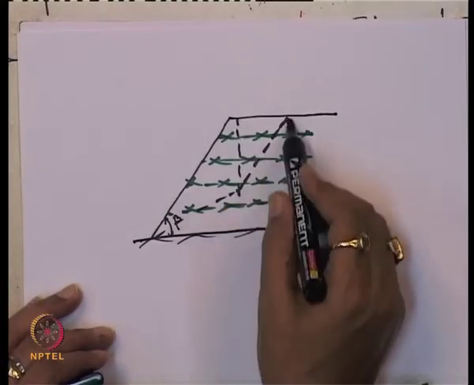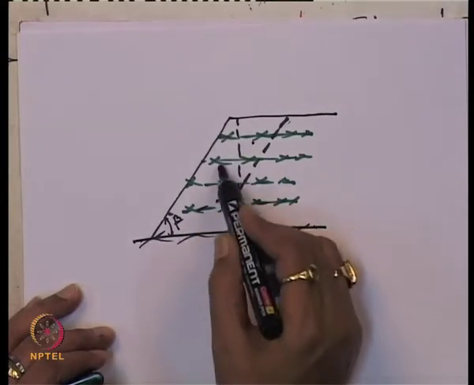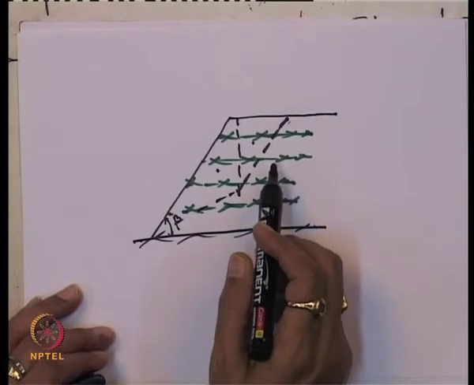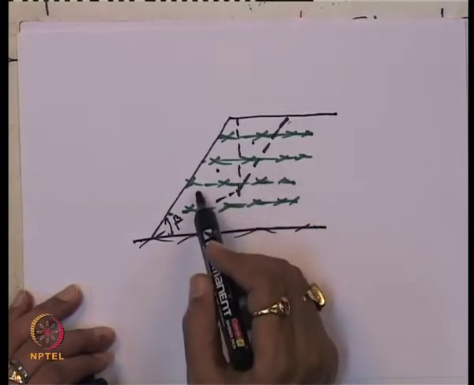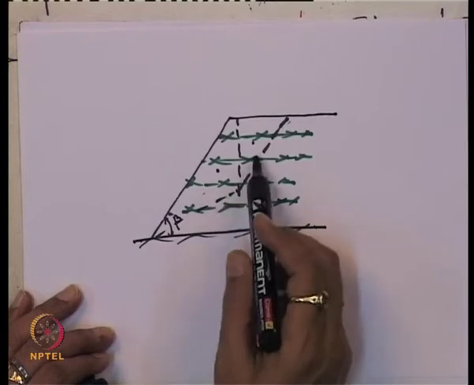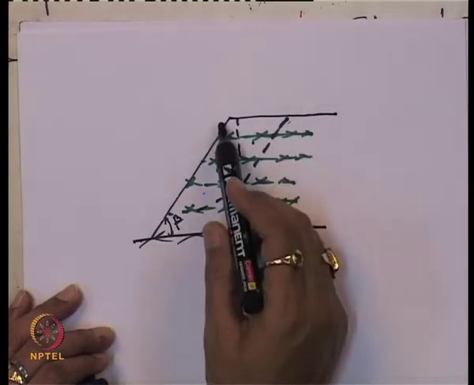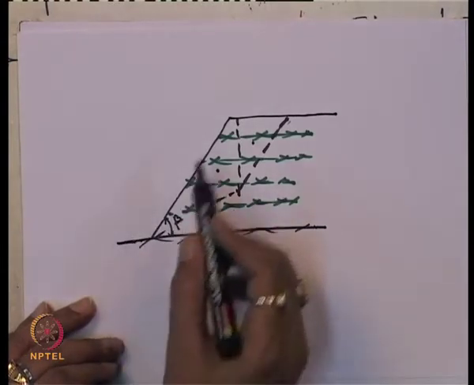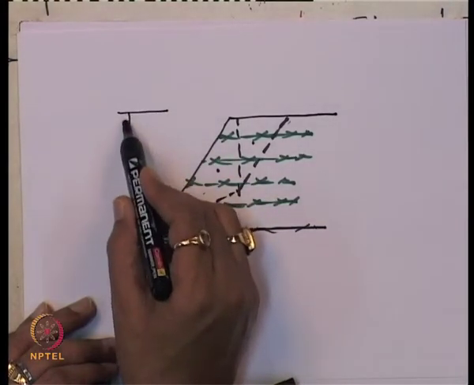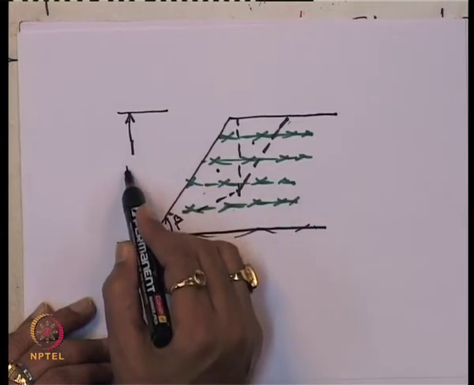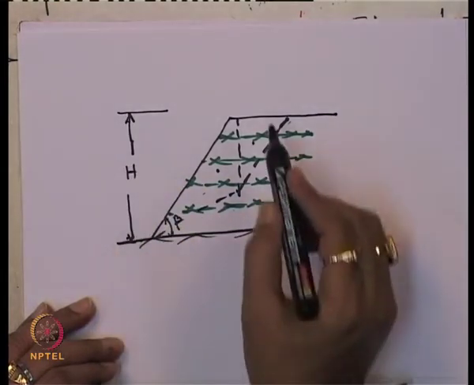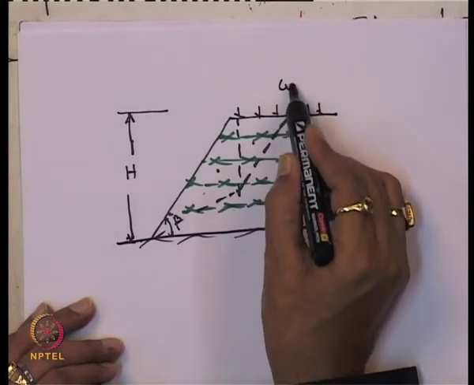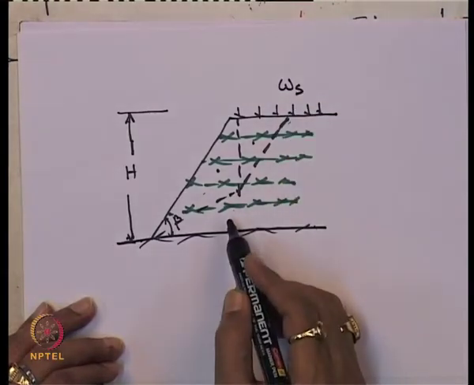Suppose this is wedge 1 and this is wedge 2. So, the limit equilibrium method can be used in the form of a two-part wedge surface as shown. The height of the slope is H, and there is also a surcharge load, which is designated as W_S.